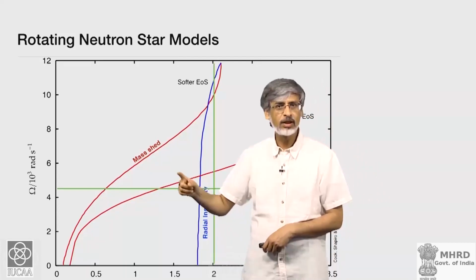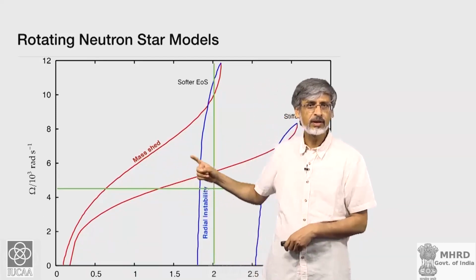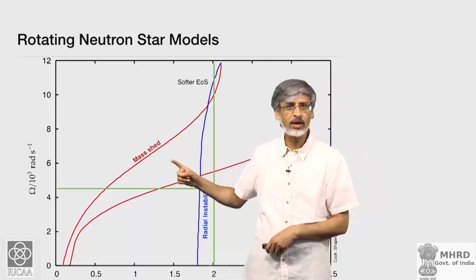So, for each equation of state, now you have these two extremes between the blue line and the red line.